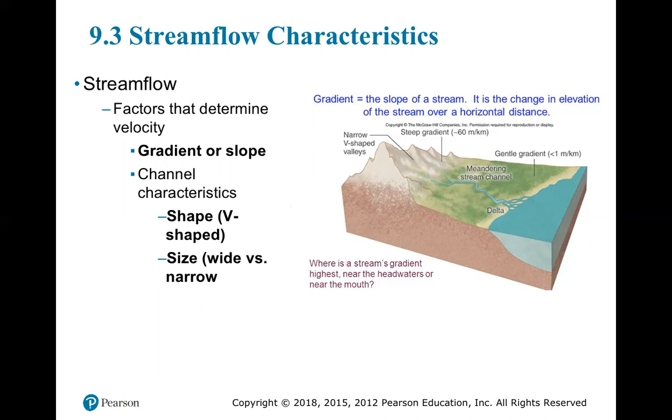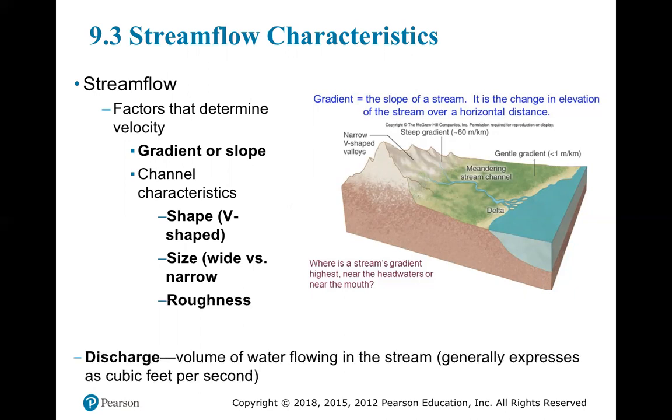So we have a couple of different things to think about. What is the shape? Is it V-shaped or is it more of a U shape, right? And what does that mean? I mean the stream bottom. Is it slicing its way through a canyon, or is it more laid out, like a flattened region?